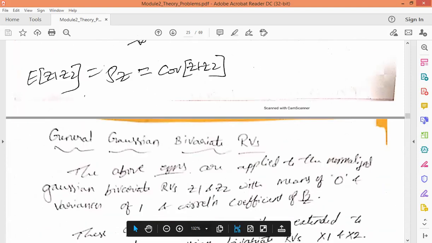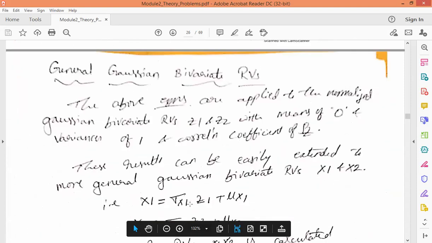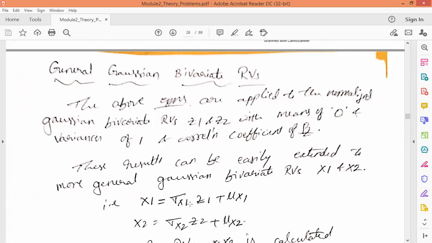Next, we'll go with the general Gaussian bivariate random variable. Whatever results we have seen till now apply only to the normalized bivariate random variables Z1 and Z2. We have also seen that the Gaussian bivariate random variables Z1 and Z2 have means of 0, variance of 1, and a correlation coefficient represented as rho_z.